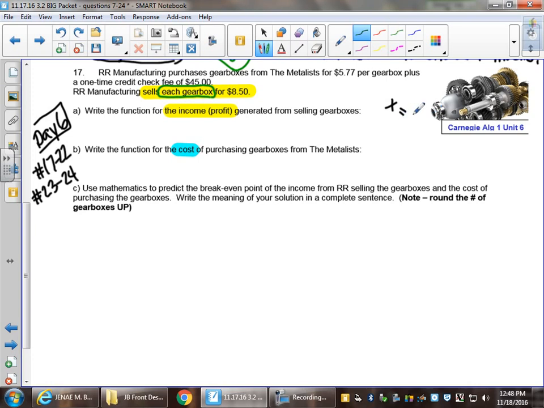So x equals number of gearboxes. And then I know y will be total money. So for part A, for the profit, this will be y equals 8.5x.